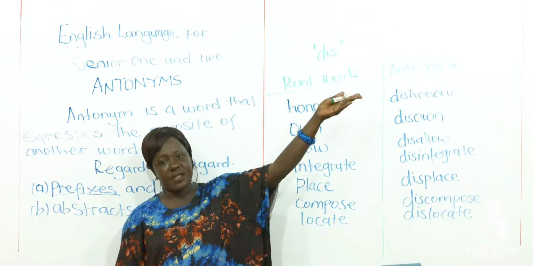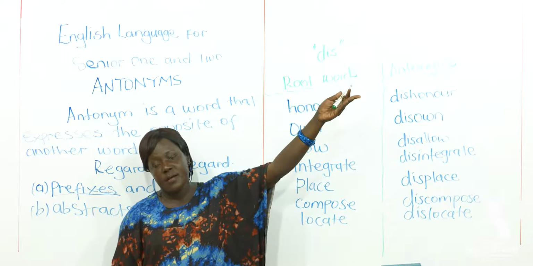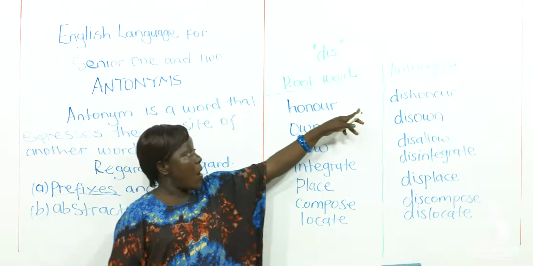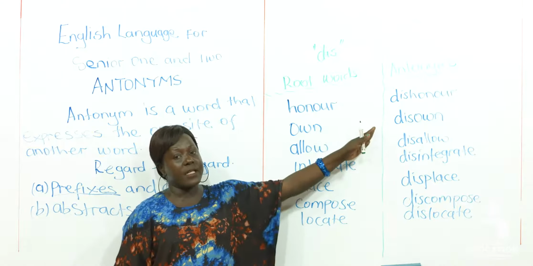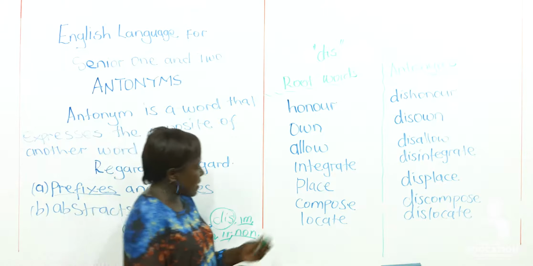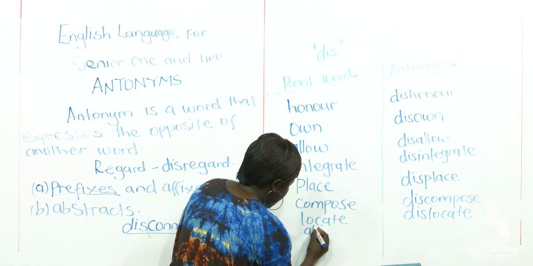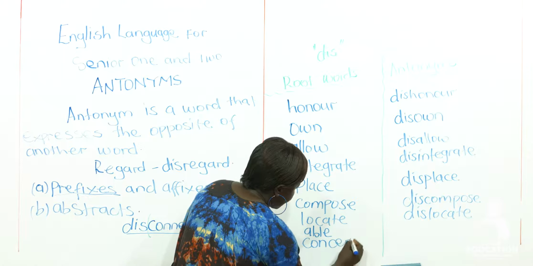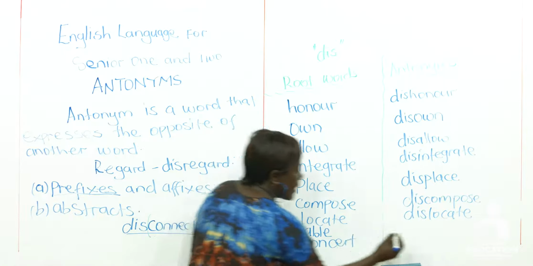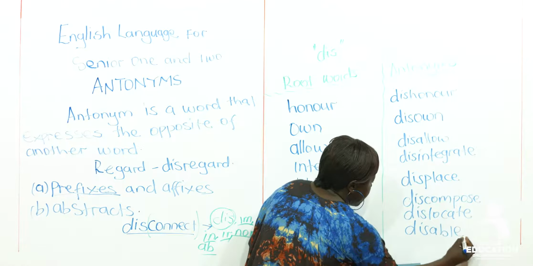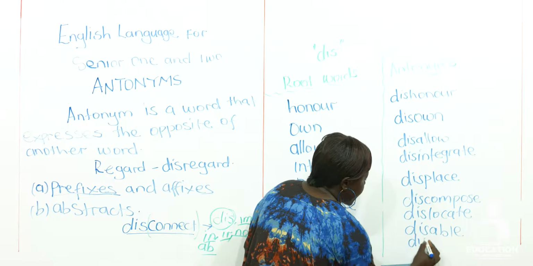Or dis. These are just letters which are placed before the root word to form another word which is the opposite of that root word. Even words like able, concert. You can say disable, disconcert.